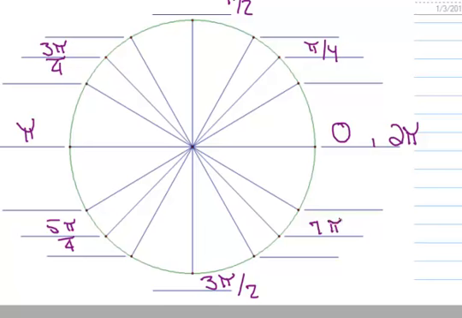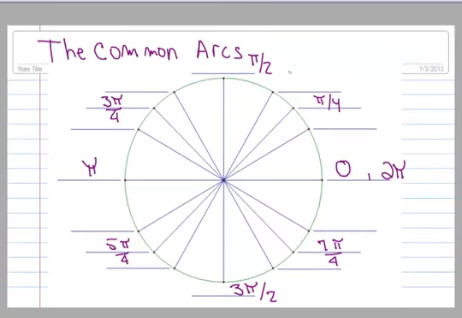7 pi over 4. And then we did thirds, so that makes this one pi over 3, and this one 2 pi over 3, and that makes this one down here 4 pi over 3, and this one here 5 pi over 3.